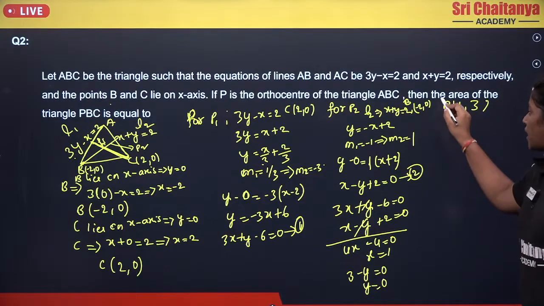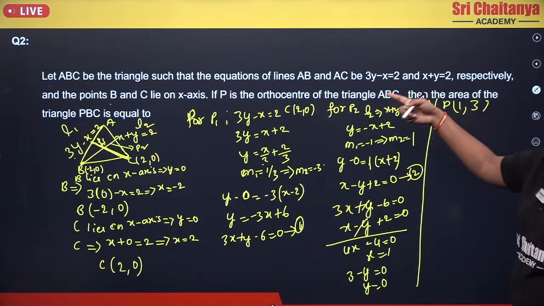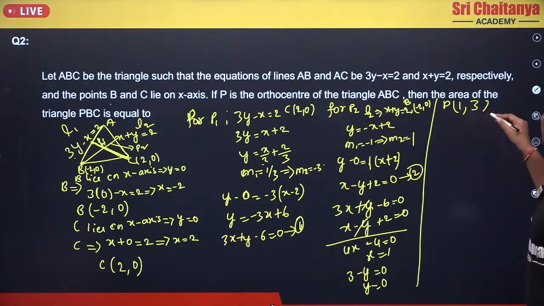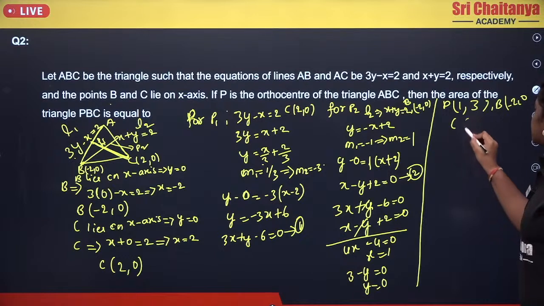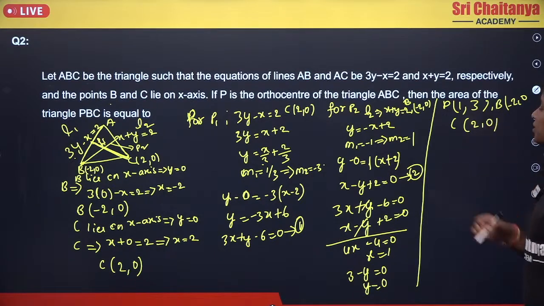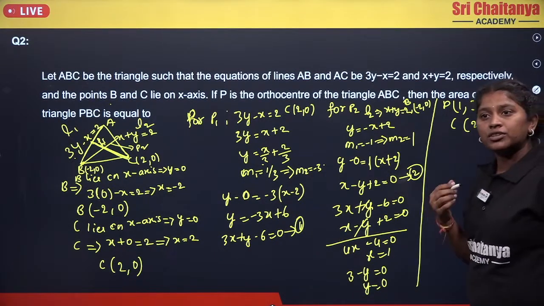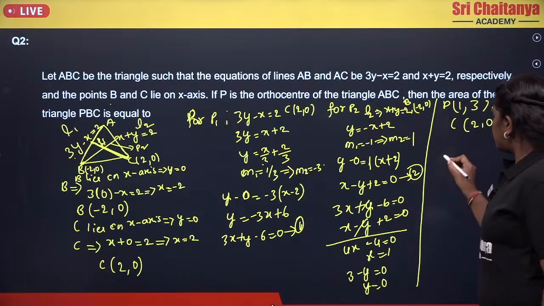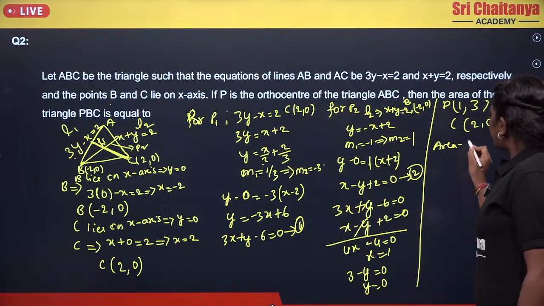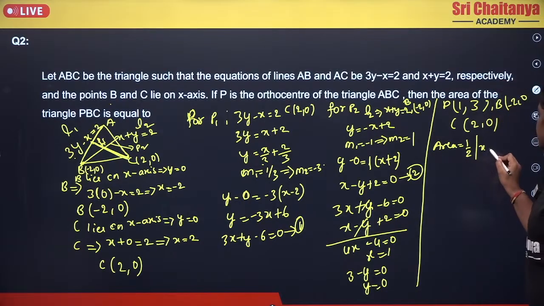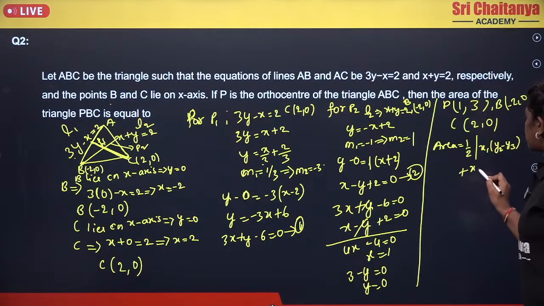Clear? So now we have the coordinates of the triangle PBC. So P is 1 comma 3, B is minus 2 comma 0 and C is 2 comma 0. Now we can apply the formula in order to find the area of the triangle, right? So the area will be given by half mod of x1 into y2 minus y3 plus x2 into y3 minus y1 plus x3 into y1 minus y2.